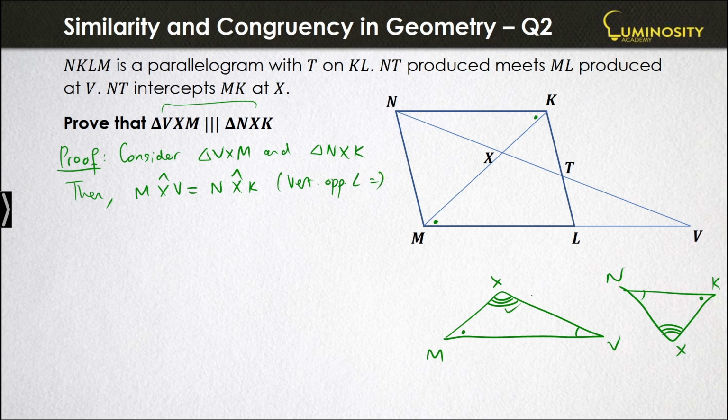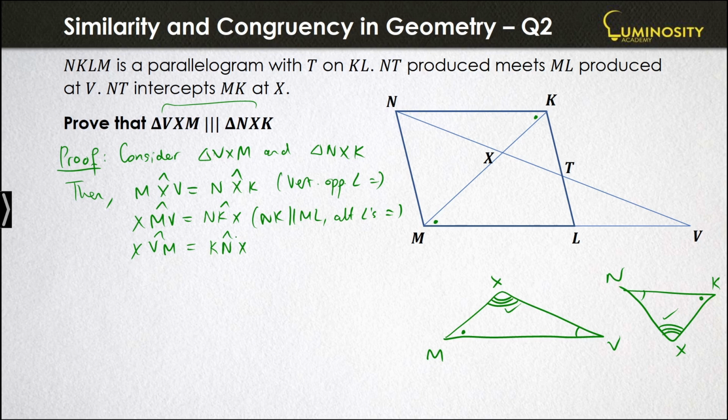Okay, so that's just this angle X I've shown you in the two triangles. Then I've shown that XMV, that angle, must be the same as NKX. And that is because NK is parallel to ML, and that is alternate angles are equal.